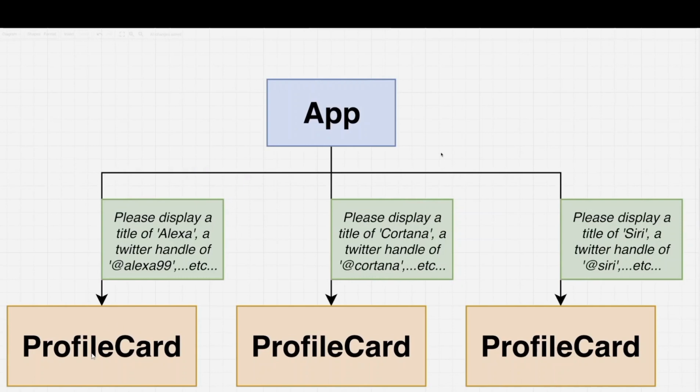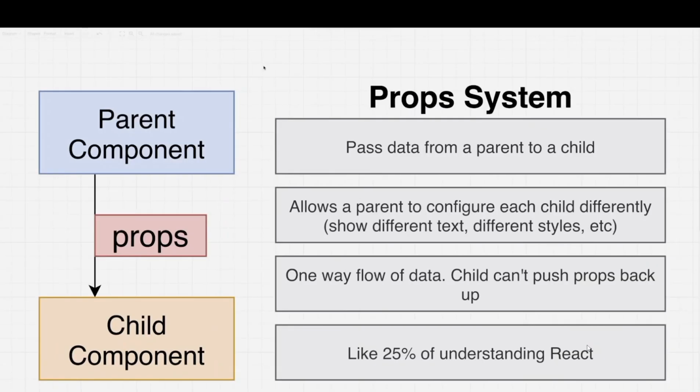For example, for the first component we will ask to print Alexa and all the information related to Alexa, in the second component we might want to print Cortana, and in the third card we might want to display Siri. For that we need props. So let me now explain the props system.